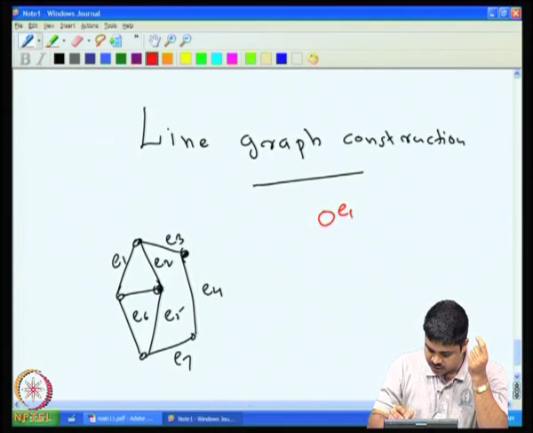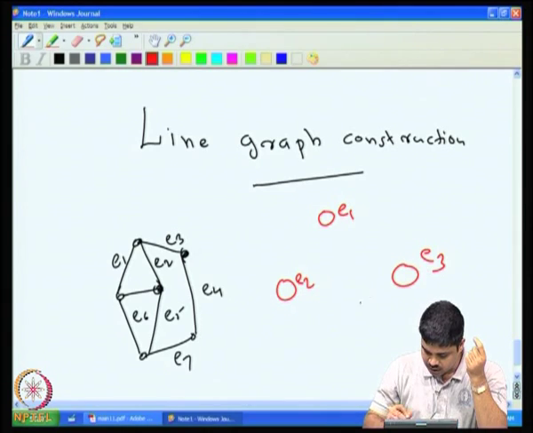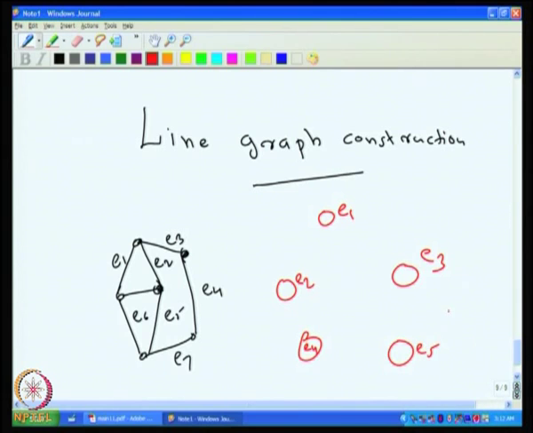So, this is E1, this is E2, this is E3, this is E4, this is E5, E6 and E7. Now, E1, E2 is a connection, E1, E3 there is a connection, E2, E3 there is a connection, and E1, E6 there is a connection.